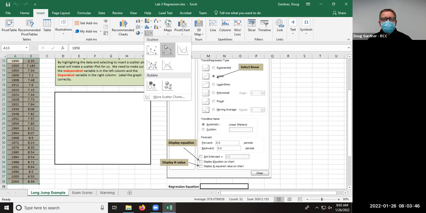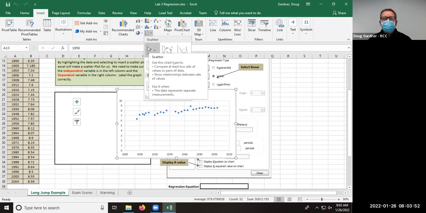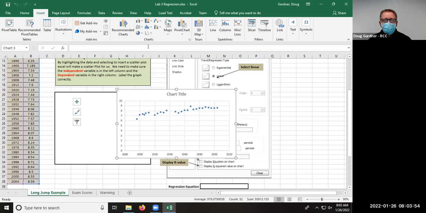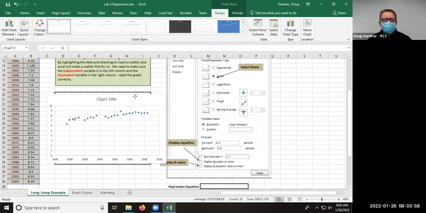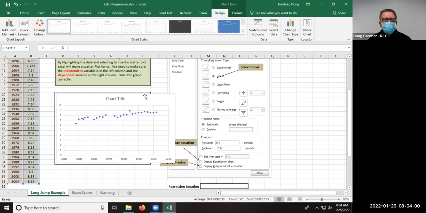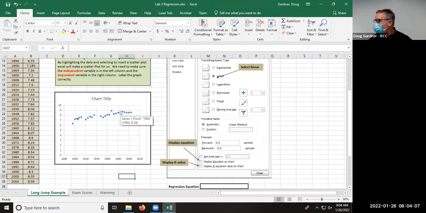And generally speaking, you don't want to connect them like this. You just want the rough scattered numbers. And as I mentioned before, it's kind of cool that you can size this thing to be any size you want. So I can fit it inside a box like that. If I was doing a Word document and I wanted to fit everything in there, I could certainly do that.